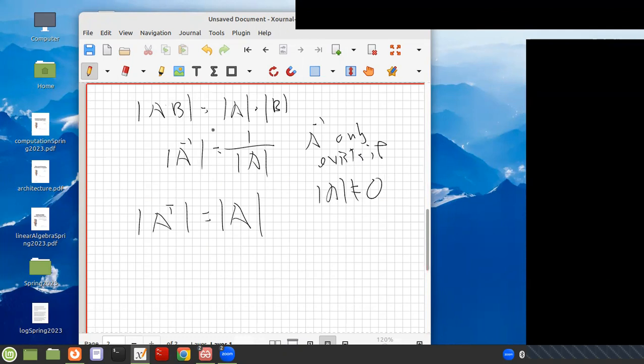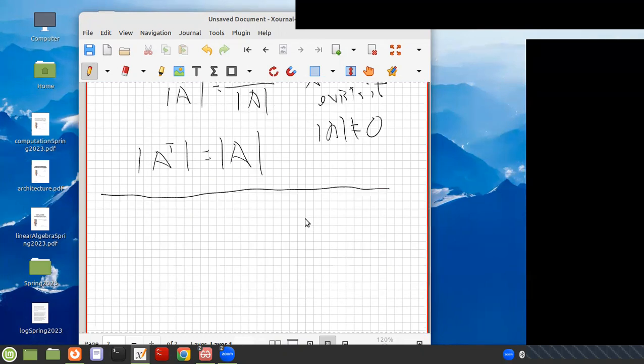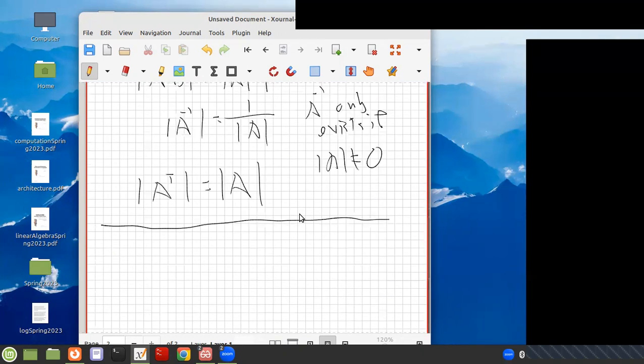Those are some useful properties of determinants in general, which you can use to simplify things.